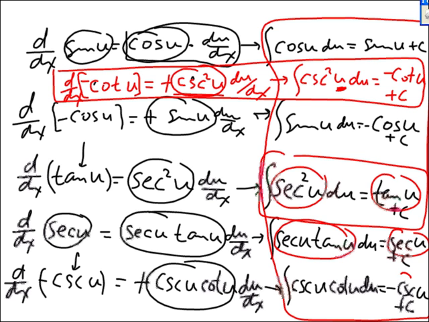The derivative of cosecant of u is negative cosecant of u times cotangent of u. You don't have to memorize all 12 of these. If you know 6, the left 6 or the right 6, you should be able to convert back to get the last 6, the 6 you didn't remember.